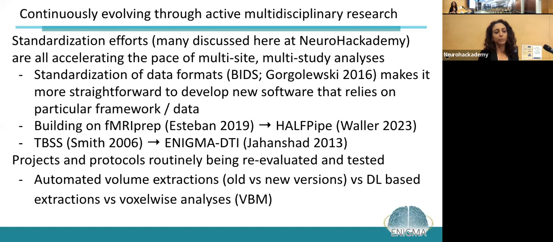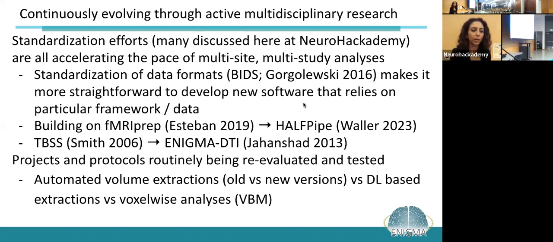And as I mentioned, a lot of the tools that are being developed for this ENIGMA consortium work in particular are being built on existing frameworks.